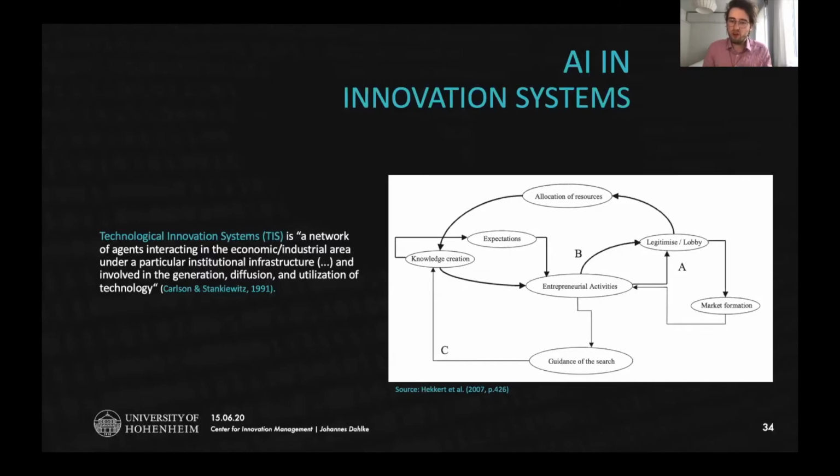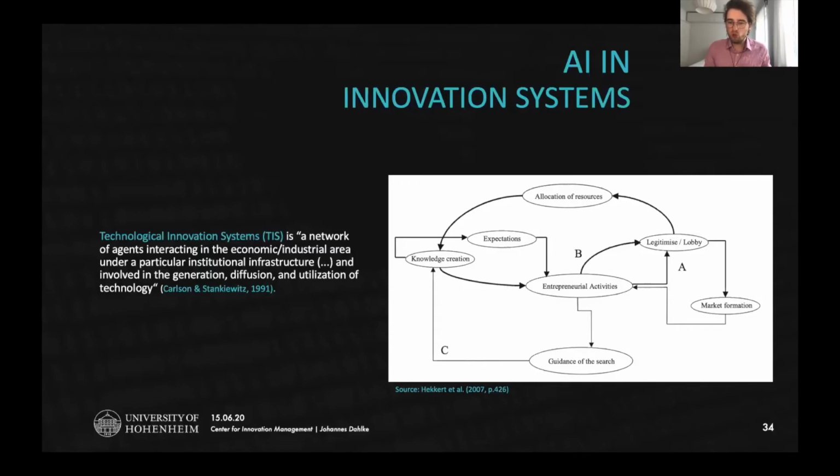So one very common dynamic of such a virtuous cycle is starting with entrepreneurial activities, and they lobby for a market formation. So they try to convince companies that this technology and their new offering is worth buying into. And once this market has formed, of course, there are new incentives for other entrepreneurs to enter the market as well, and then thereby lobbying again. So we have a reinforcing cycle here.